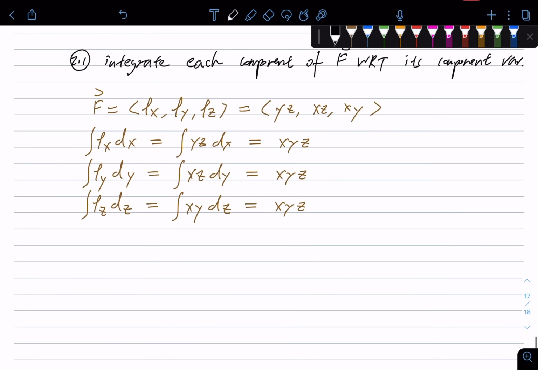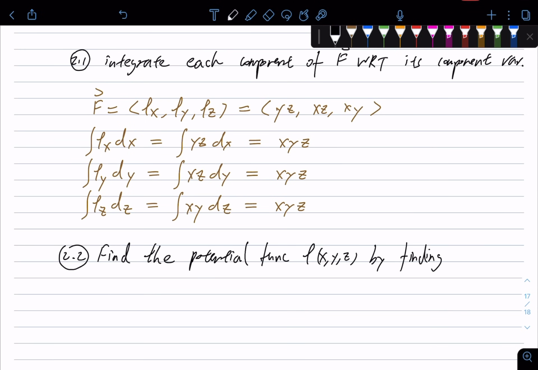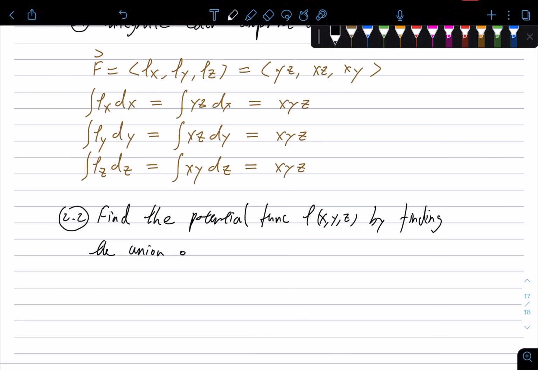And then the second step is to find the potential function phi of x, y, z by finding the union of all integral products, and then plus an arbitrary constant.